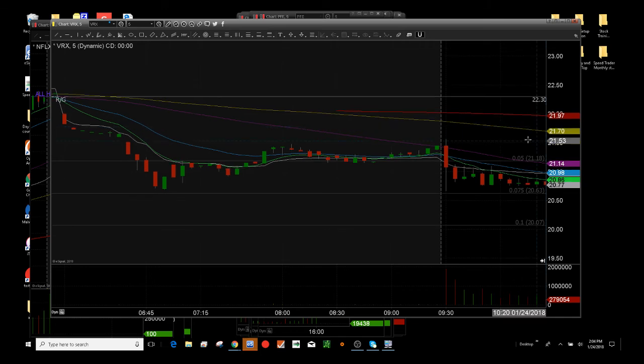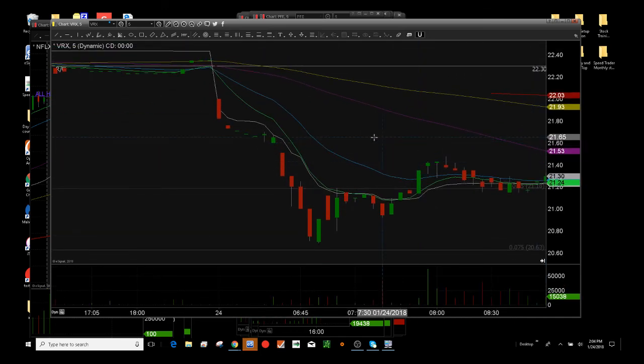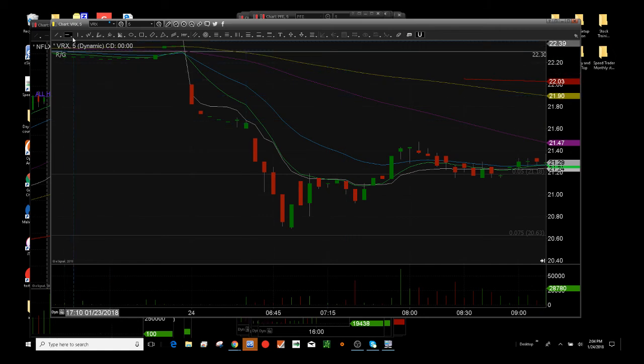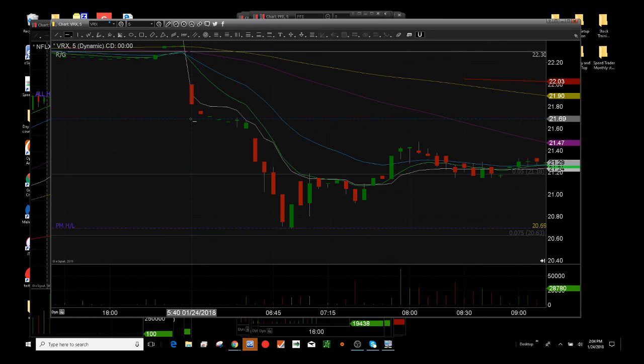All right, so now that I've got those two lines, the other lines that I draw are the pre-market low, which is right here. And then I think the most important line to me is the pre-market macro pivot.